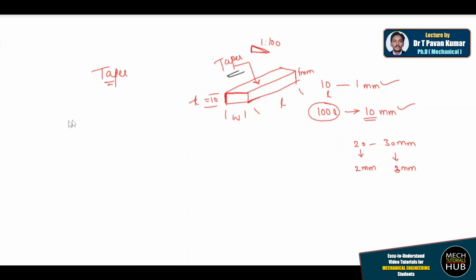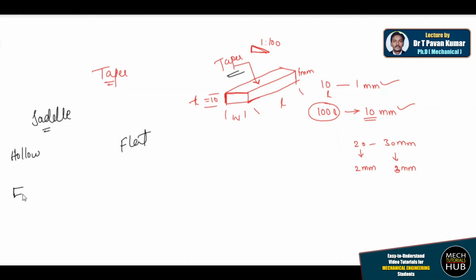Now coming to a saddle key. As I said, these are classified into two types: one is hollow and one is flat. Coming to the hollow saddle key, the key is something like this. Have a look at it. I am going to draw the 3D representation.